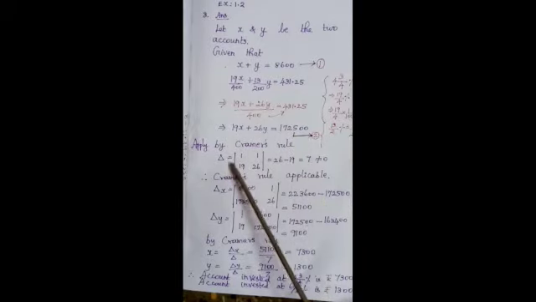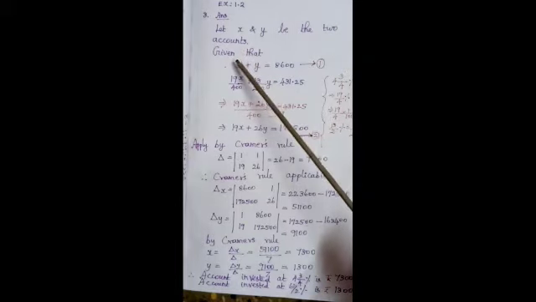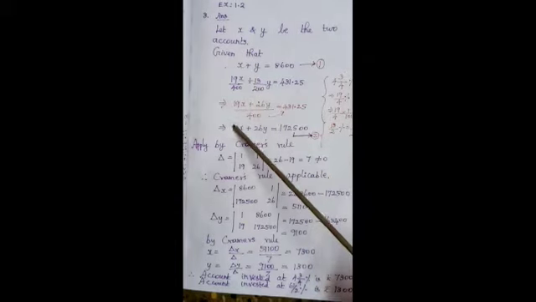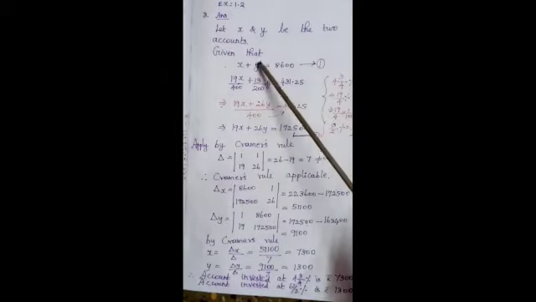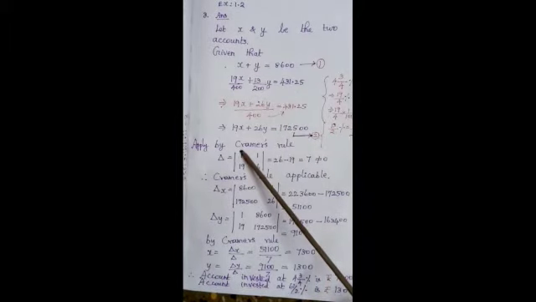So apply Cramer's rule. Delta is equal to the determinant of the coefficient matrix, x coefficients 1 and 19, and y coefficients 1 and 26. Multiplying the leading diagonal, 26 minus 19, which is equal to 7, not equal to 0. Apply Cramer's rule.